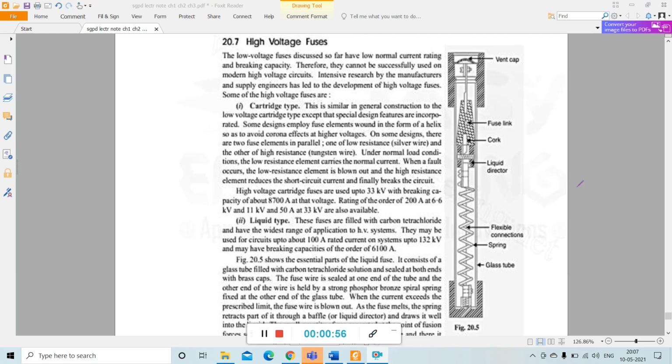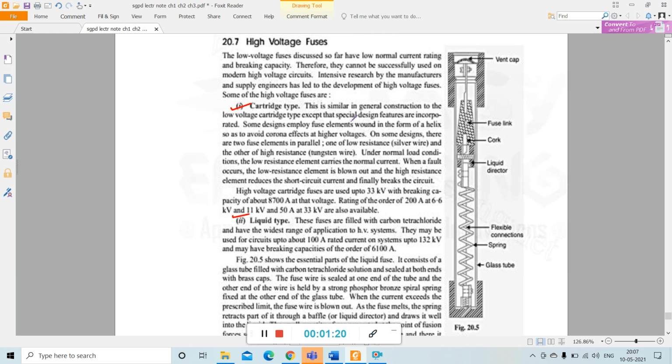So they cannot be successfully used on modern high voltage circuits. Therefore there is development of high voltage fuses. The types of high voltage fuses are cartridge type and liquid type. We will discuss these one by one.